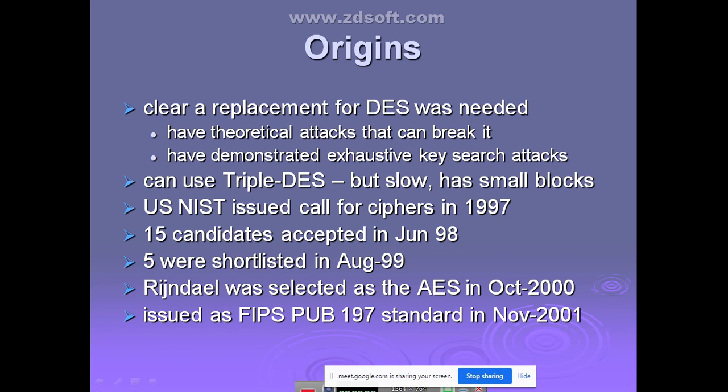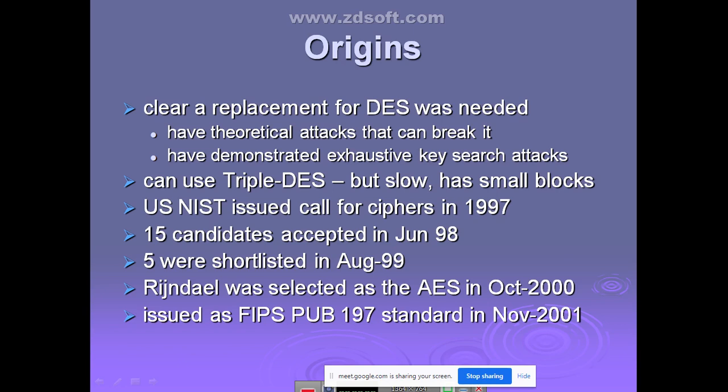So before getting the proper design of the AES, there were 15 candidates, right? They came up with different types of cipher algorithms before developing AES. The 15 candidates were accepted in June 98. From those, 5 were shortlisted in August 99.